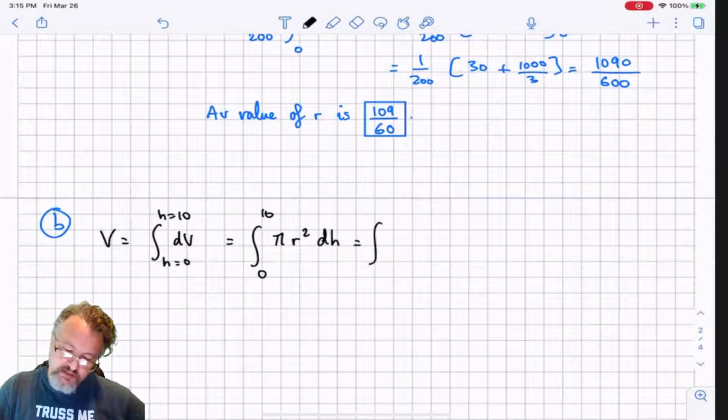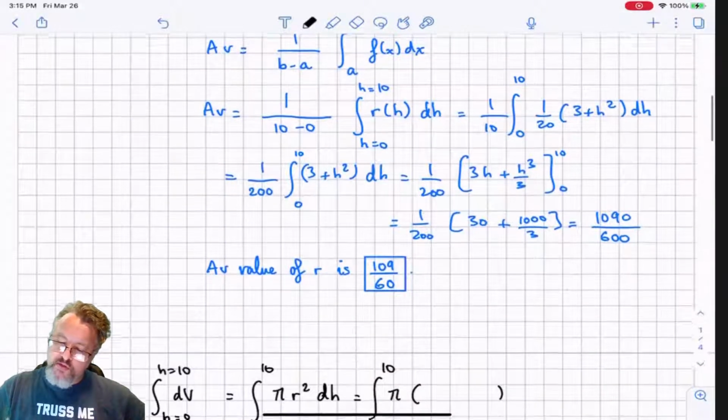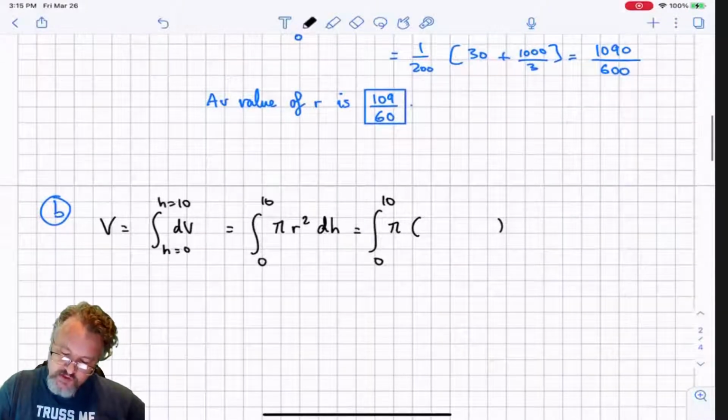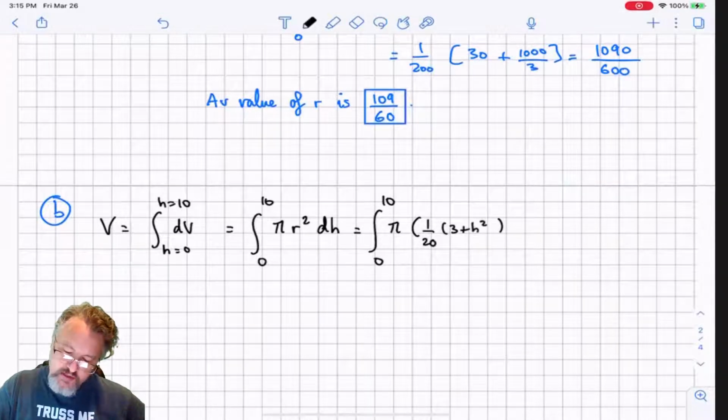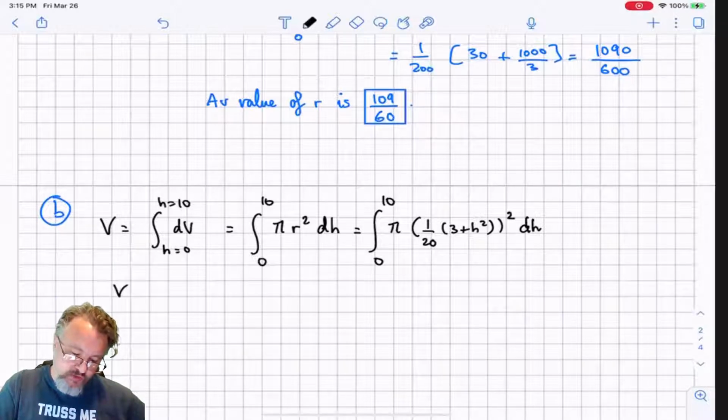And we know that, let's look above, r is equal to 1 over 20 times (3 plus h) squared. So pi times (1 over 20 times (3 plus h) squared) squared dH. Okay? So now we just need to integrate this.